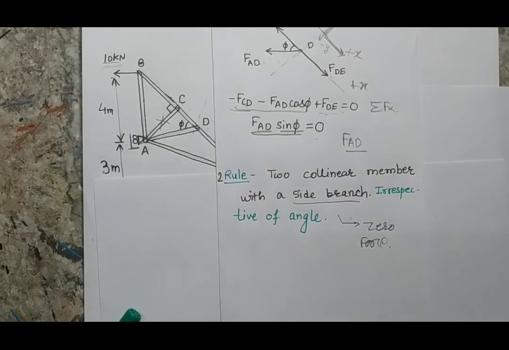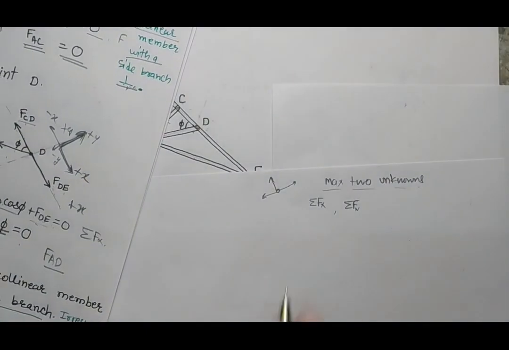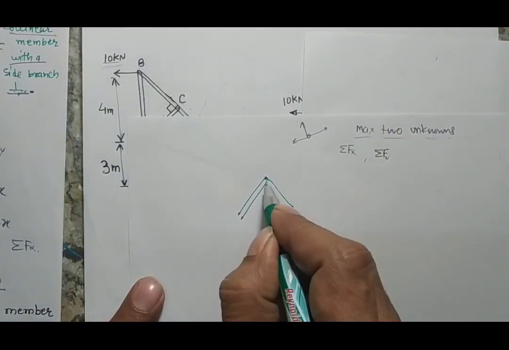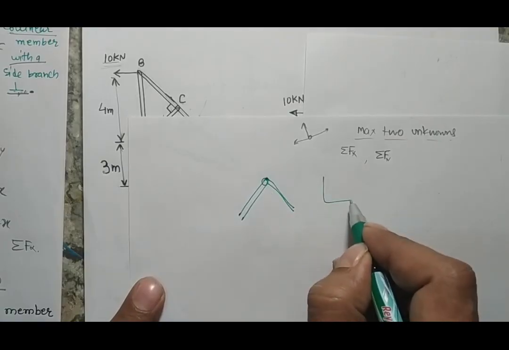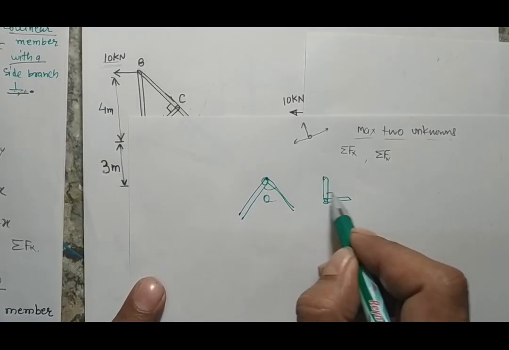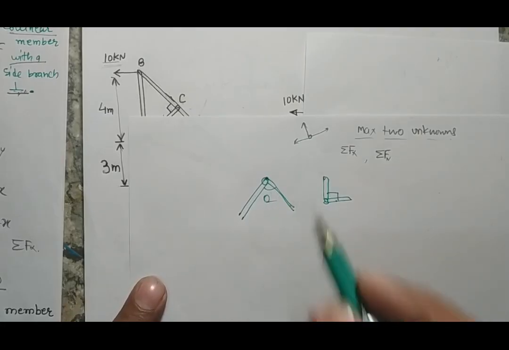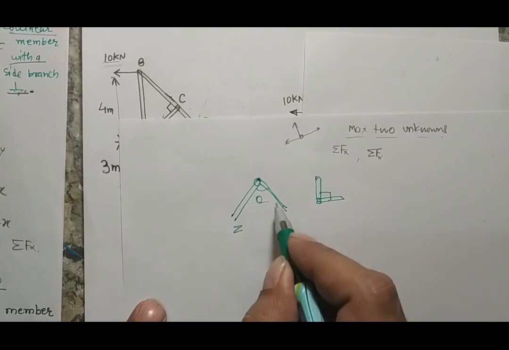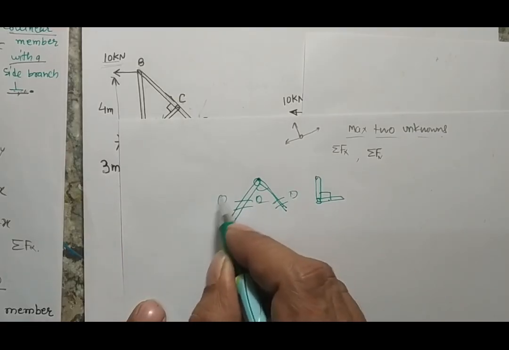So now there are only two rules. Rule one: any joint with two members, maybe in this position, maybe in this position, irrespective of the angle between the two members, if there are only two members and no other force, the two members will be zero force members. So these two will be my zero force members.